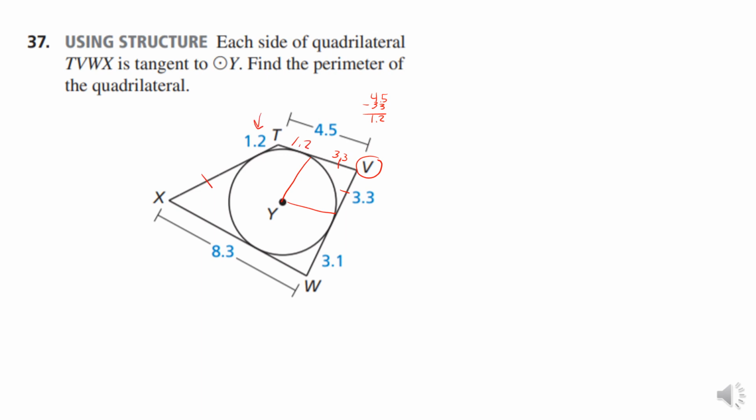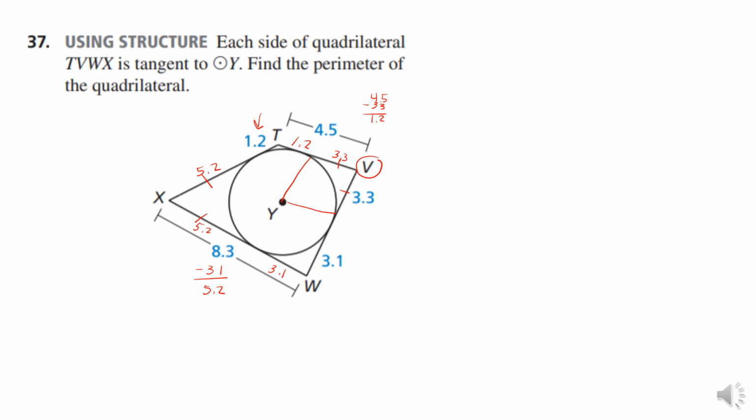We also know that these are equal. So we know that this, and we know that this is 3.1. So we subtract 3.1 from 8.3. We get 5.2. So that means this is 5.2, which means this is 5.2. And then we've got all of the sides, so we're going to add everything up.